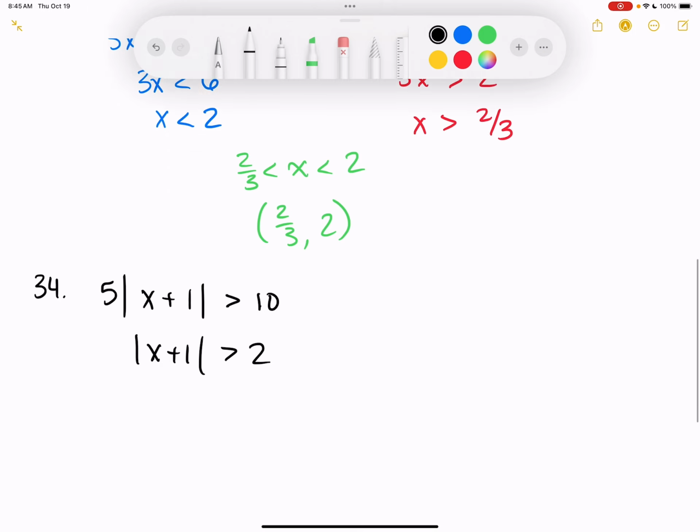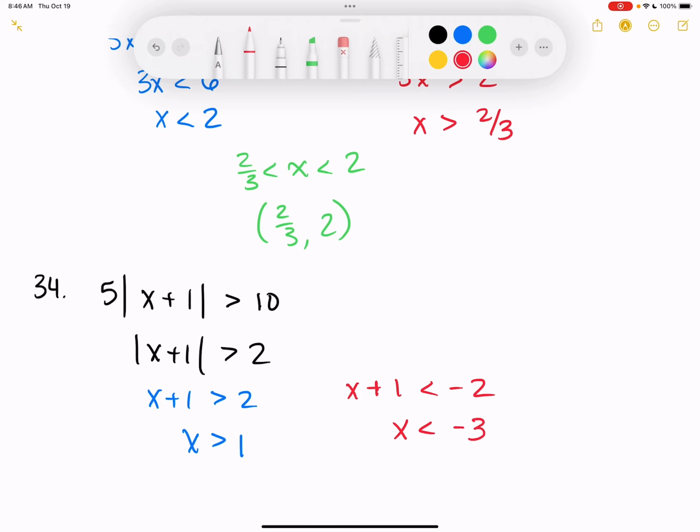And now I can do x plus 1 is greater than 2, or I can have x plus 1 is less than negative 2. So x is greater than 1, and over here, x is less than negative 3.